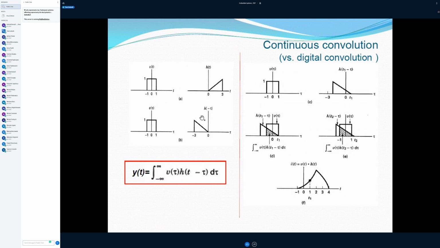Our case is very simple, because instead of this rectangular function we have only a Dirac delta in the case of amplitude modulation.